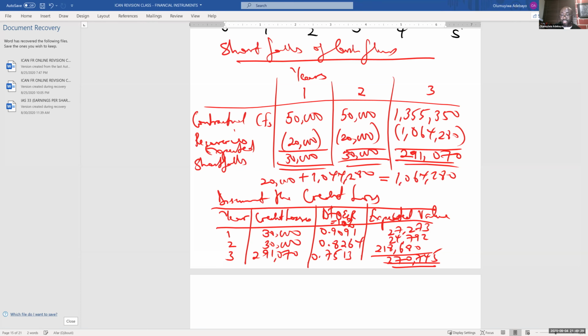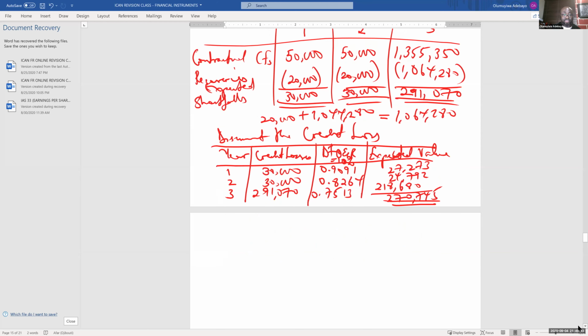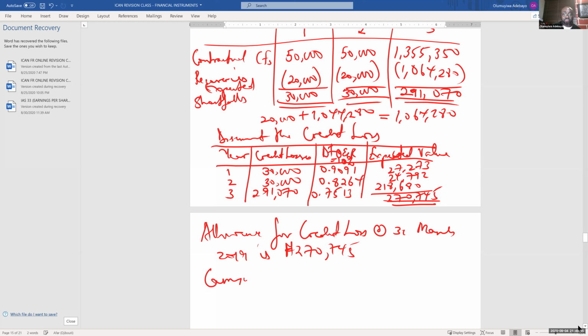Therefore, that represents my allowance for credit loss as at 31st March 2019. But it asked me for the carrying amount as at that date.